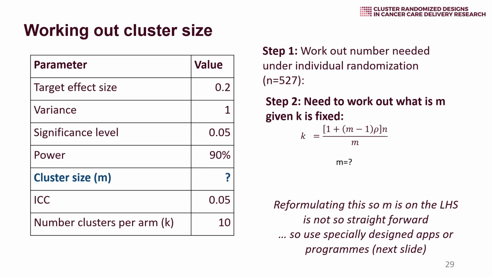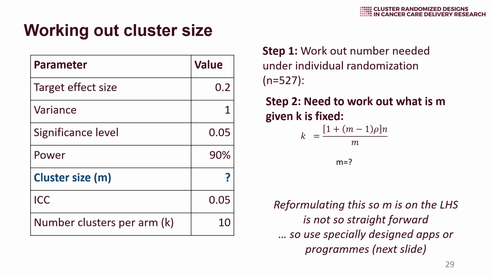The other thing that we need to be mindful about is how we modify these calculations to allow for varying cluster sizes. So let's suppose that we are working in a setting where we've set the target effect size back at the smaller value 0.2, variance to be 1.